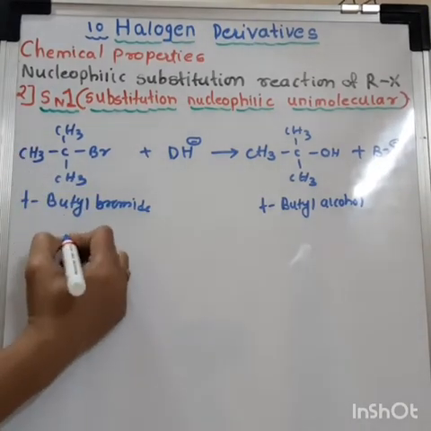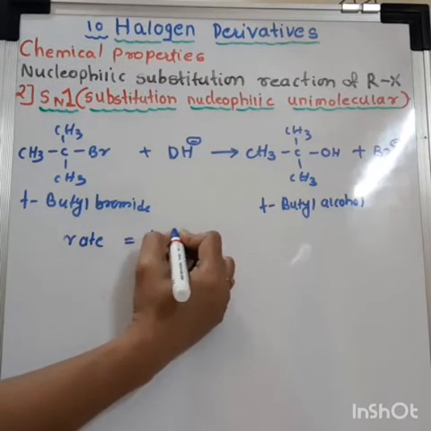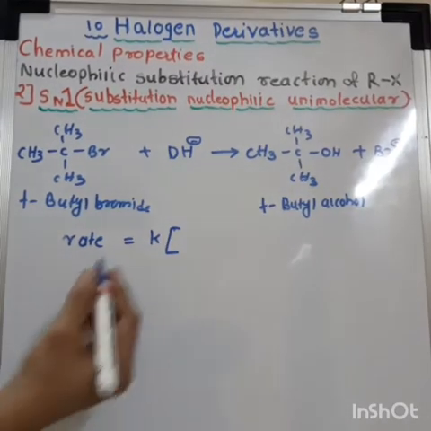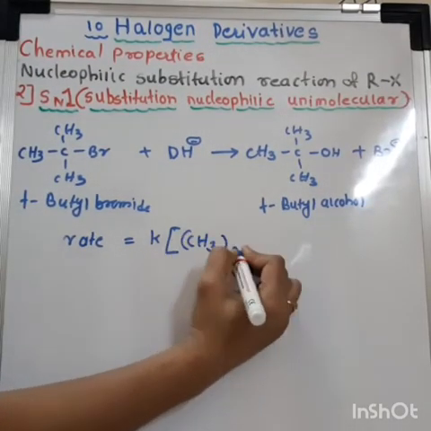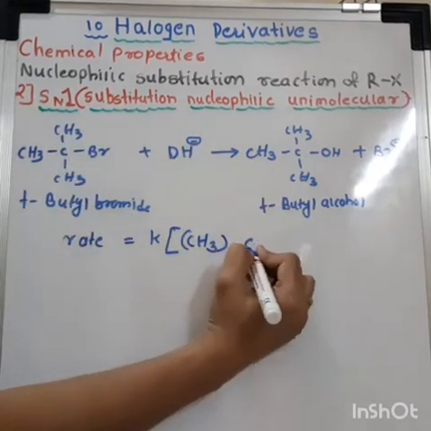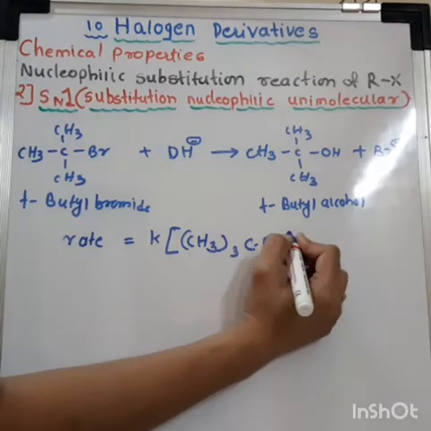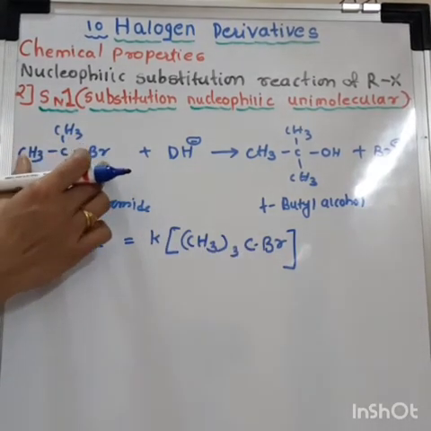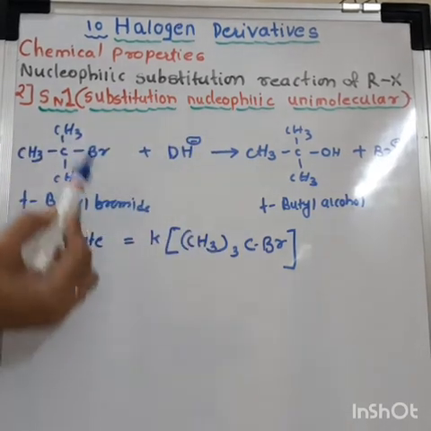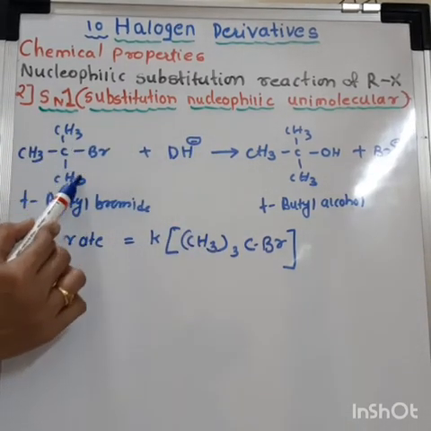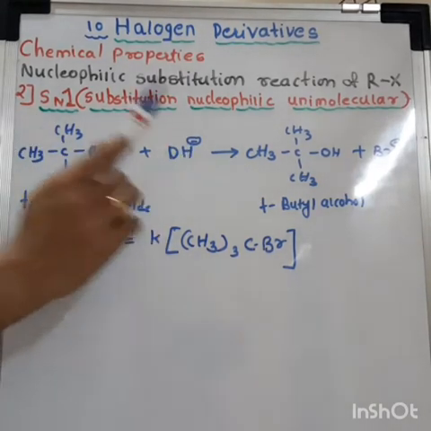In this reaction, the rate depends on the concentration of (CH3)3C-Br, that is on this substrate, this reactant. So the rate of this reaction is dependent only on the one reactant, that is tertiary butyl bromide, and not on the nucleophile, that is OH minus.